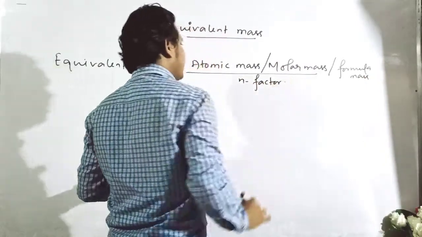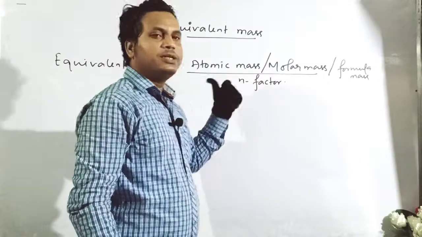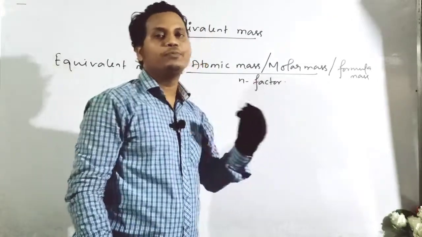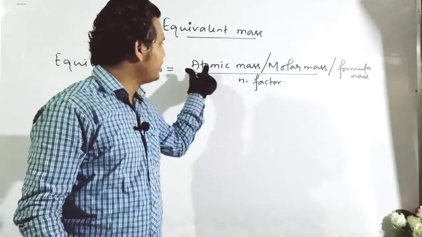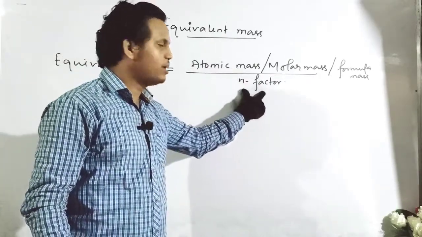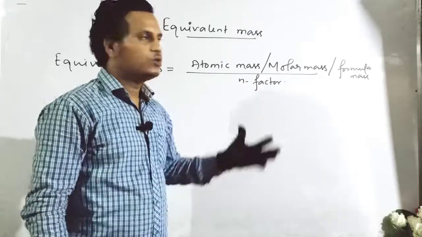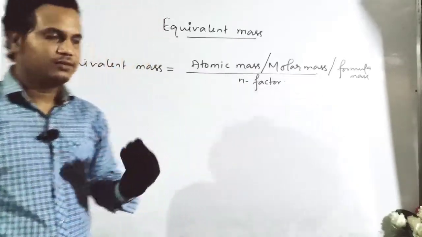What is n factor? The n factor will depend on what we have taken. If we take an element, then it is their atomic mass by their valency. So this we will discuss in detail.